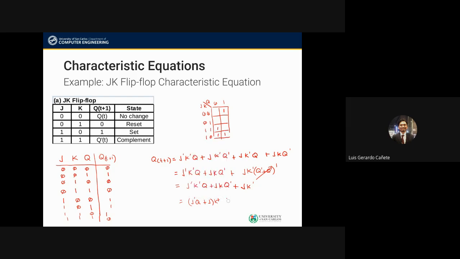So that this becomes J Q bar K. So this is K bar. J K bar Q plus J K.